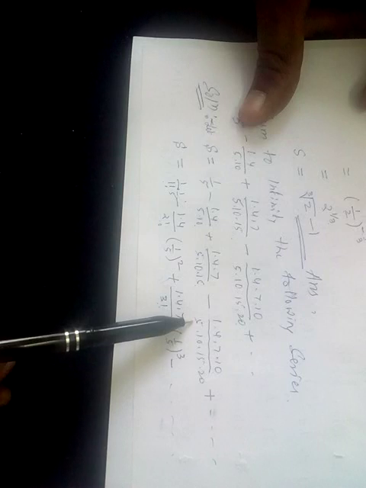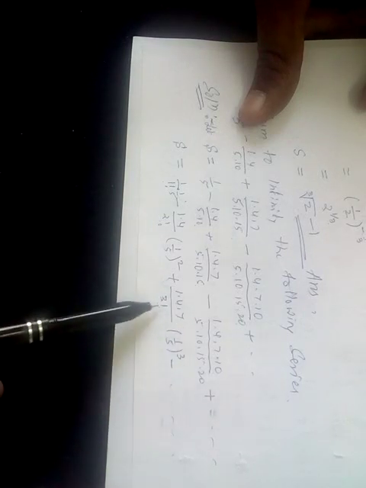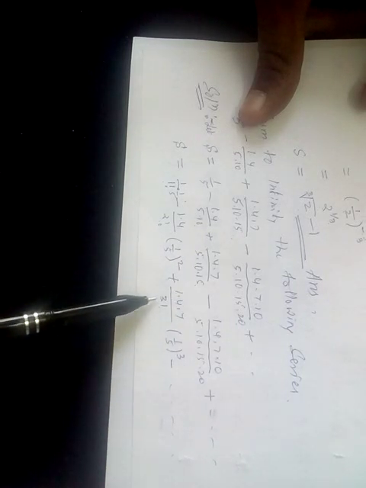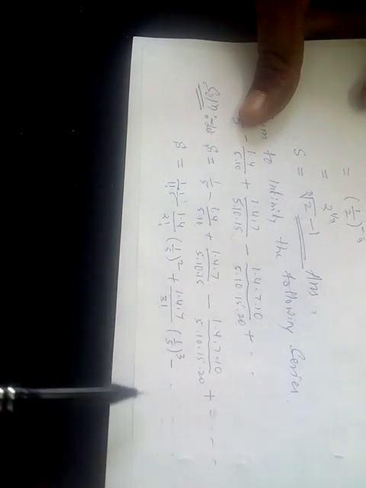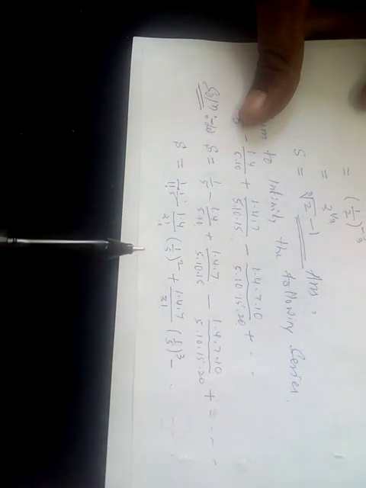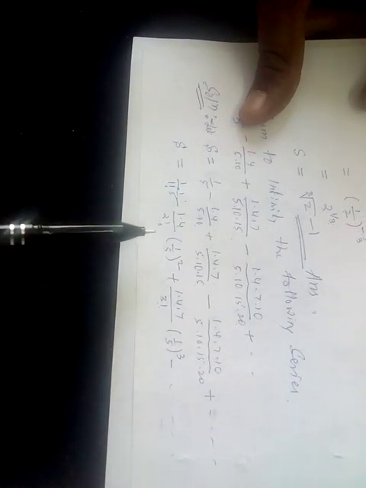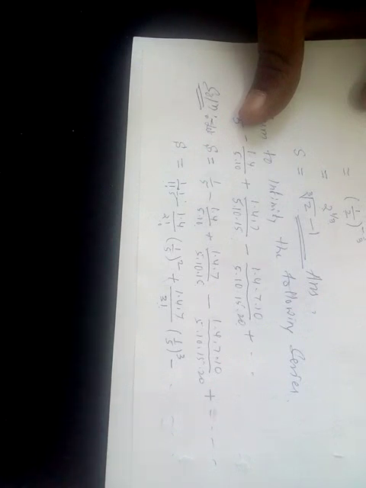Similarly, taking 5 from each factor, in the denominator I will get 3 factorial, and the remaining I will write as it is. The first step is to convert the denominator to factorial form by taking the common multiple out of each factor.